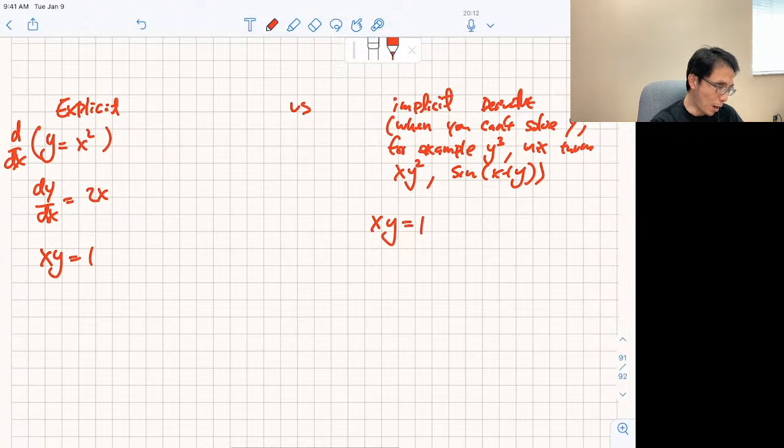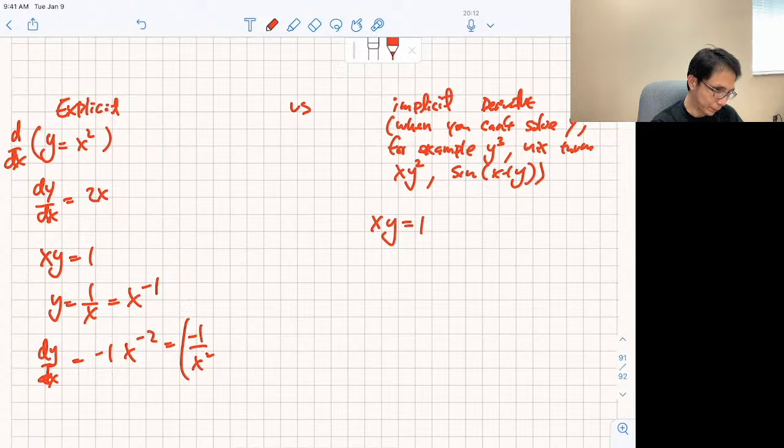If I solve for y, that's going to be 1 over x. I can take a derivative of that because that just means x to the negative 1 power. So dy dx is equal to negative 1 x to the negative 2, which is negative 1 over x squared.